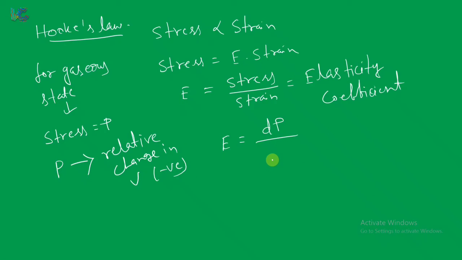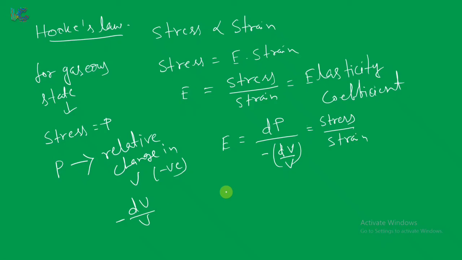Change in volume means dV and relative change is dV by V, but there will be a negative sign because the relative change in volume is negative. So this is strain.